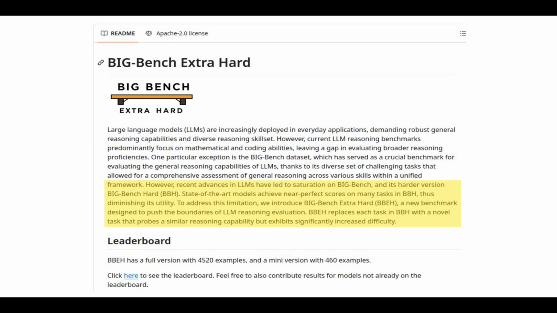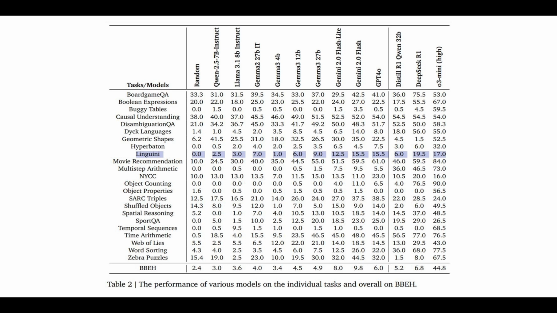So Linguini is a data set that is included in the Big Bench Extra Hard, which is a data set of problems that turn out to be really, really hard for machines, at least as of today. And Linguini actually is one of the data sets included that is harder for computers or for AI models.